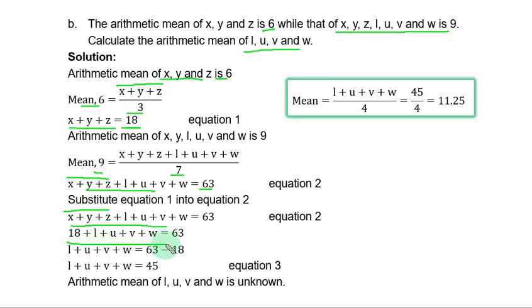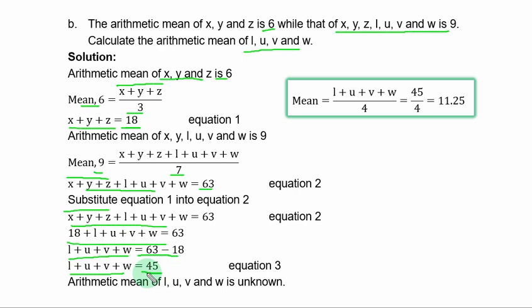If you transfer 18 to the right-hand side, the sum of the remaining letters L, U, V, W becomes 63 minus 18, and you have L plus U plus V plus W equal to 45.